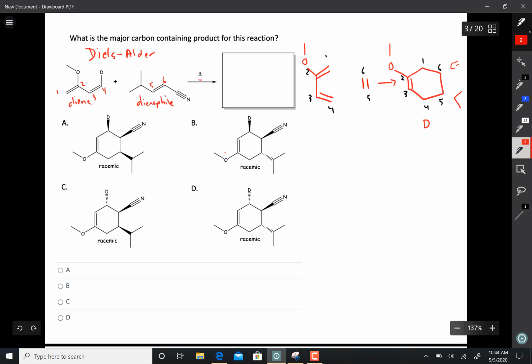I'm going to put a nitrile off of it, like so. Now, that's basically the rough outline.